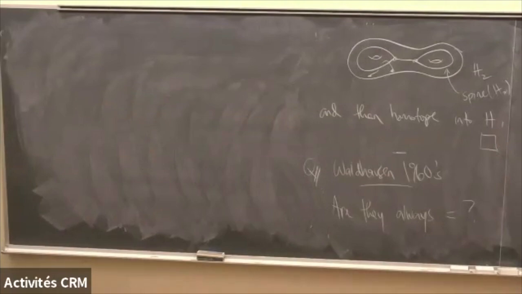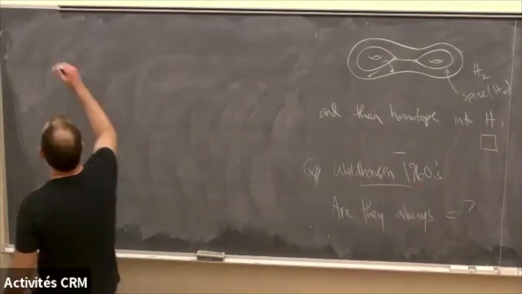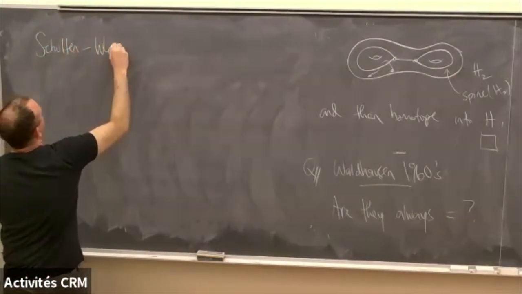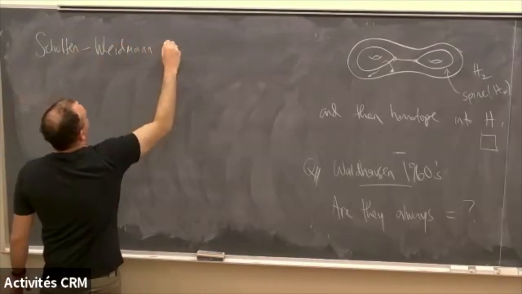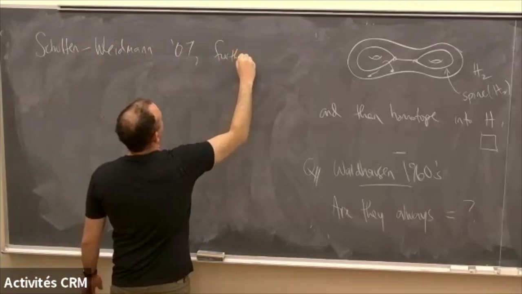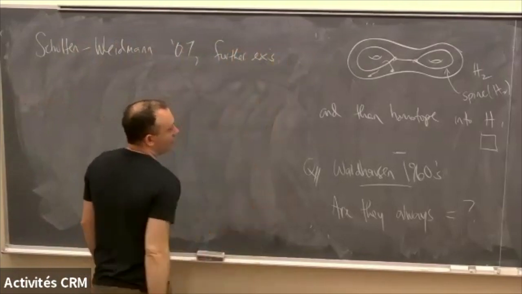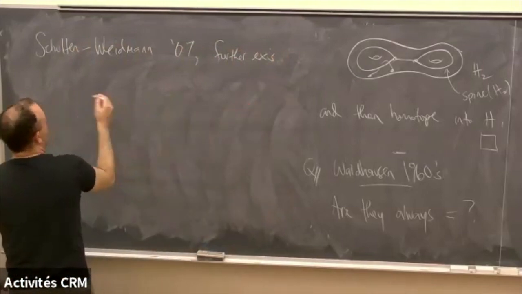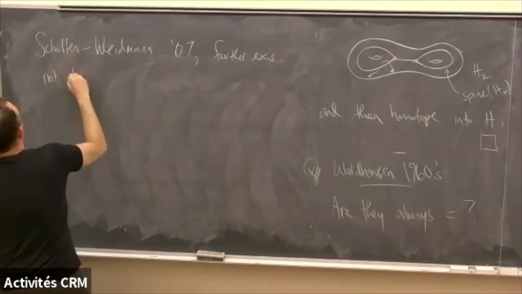So then there are also some further examples that were given by Schultens and Weidmann. I'll just leave it at that for now. These were still not hyperbolic.